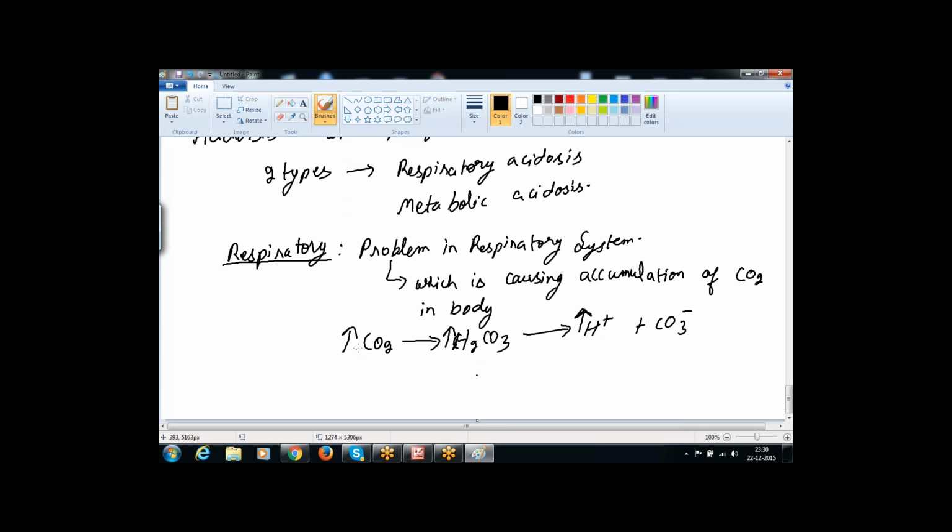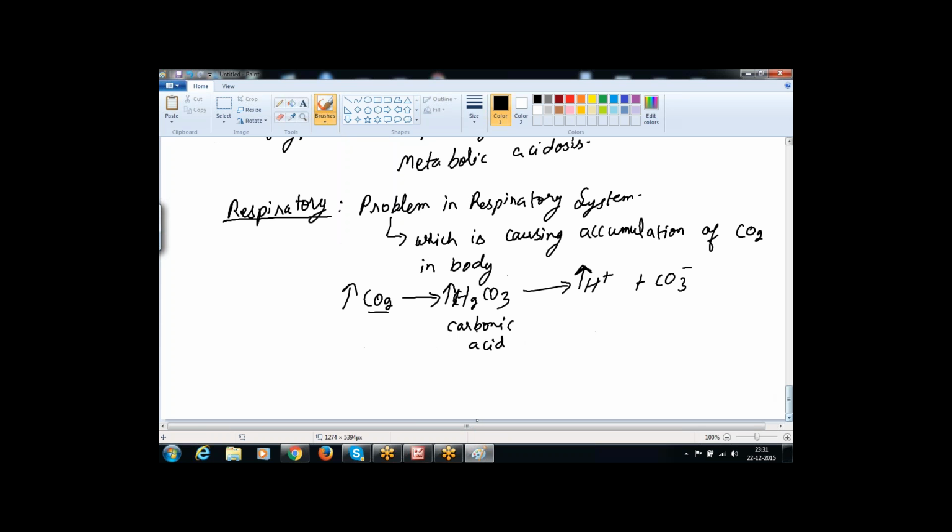So you just have to know that carbon dioxide dissolves to form carbonic acid. A lot of carbon dioxide means a lot of carbonic acid. More acid means acidosis. More CO2 causes more carbonic acid, and more carbonic acid means acidosis, right?